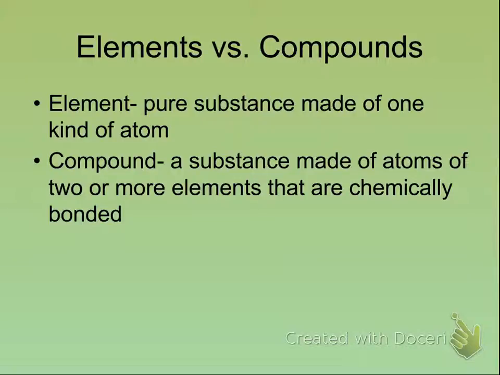So elements are made up of only one kind of atom. So I have this lovely foil here. Nice heavy-duty aluminum foil. This is all aluminum atoms. Easy for me to say.